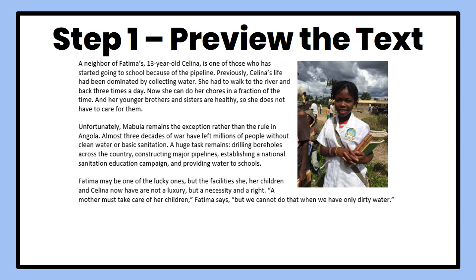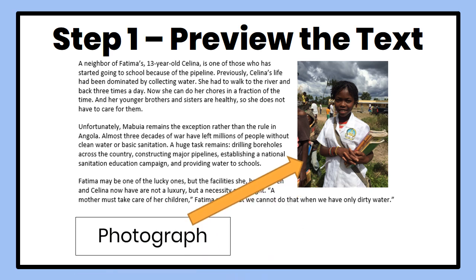This page has another photograph. What is different about the photograph compared to the photographs on the first two pages? What I noticed that is different is that this photograph doesn't include any water. The girl in this photograph has books. It looks like she might be going to school.